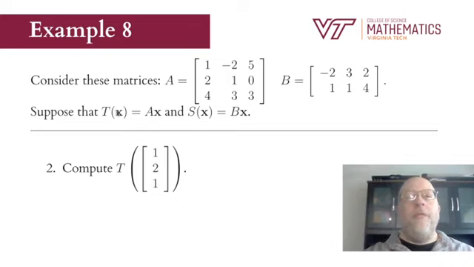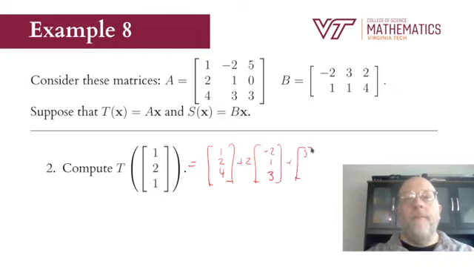So let's compute T of this vector here. So that's going to be 1 times the first column, 2 times the second column, and 1 times the third column.